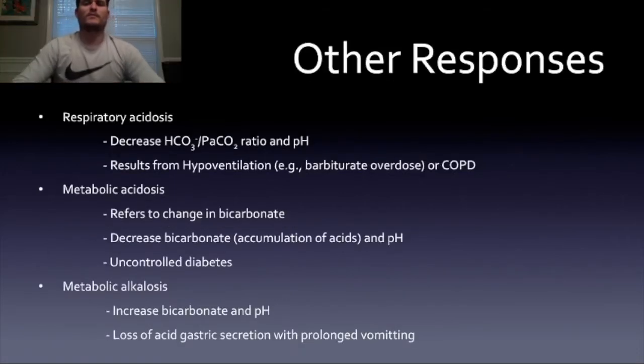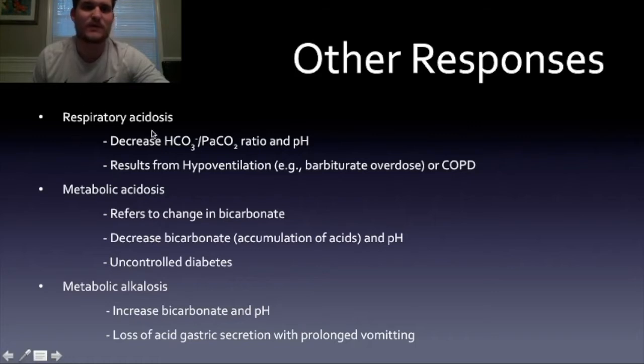So we're also going to talk about some of the other responses that may occur at altitude if you have some underlying conditions that may affect your tolerance to altitude. Respiratory acidosis can occur, and this is going to result from the fact that maybe you have a lung pathology, a disease like COPD where you're not able to take in large quantities of air.